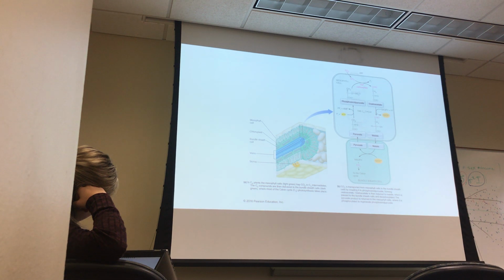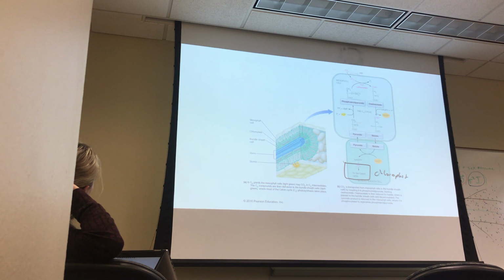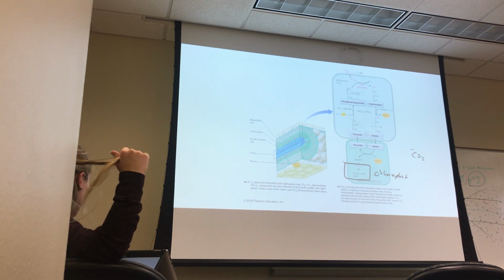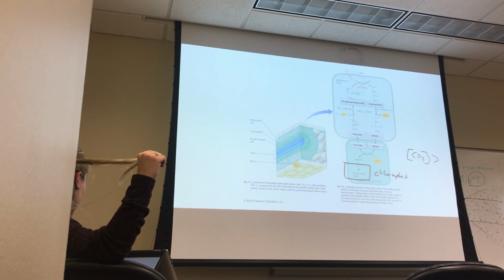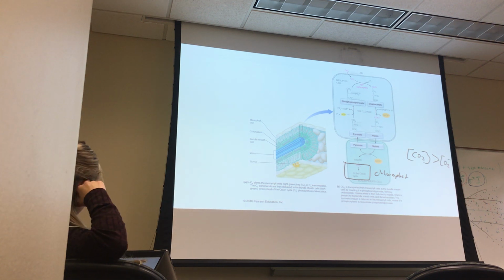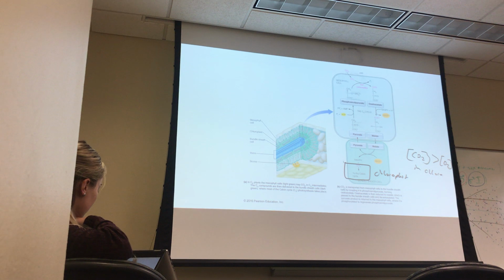So the C4 cycle here is a way to boost the carbon dioxide concentration in the chloroplast. Okay? So that CO2 concentrations will be greater than the oxygen concentrations in the chloroplast.